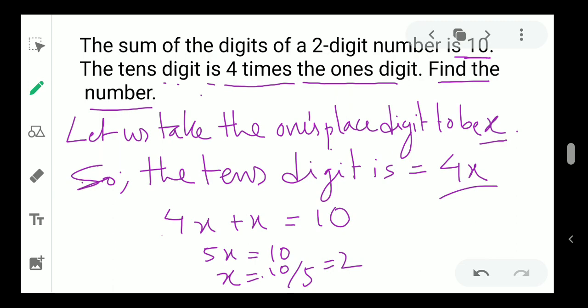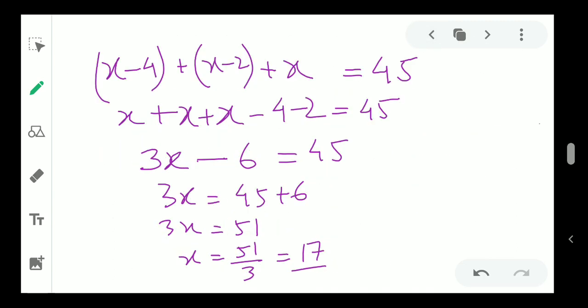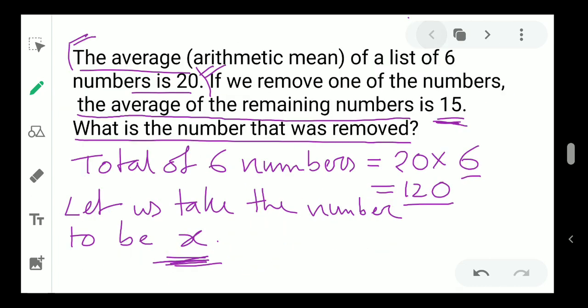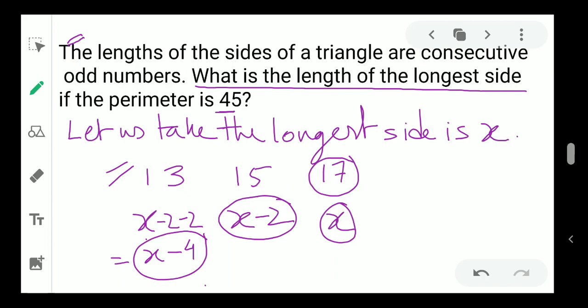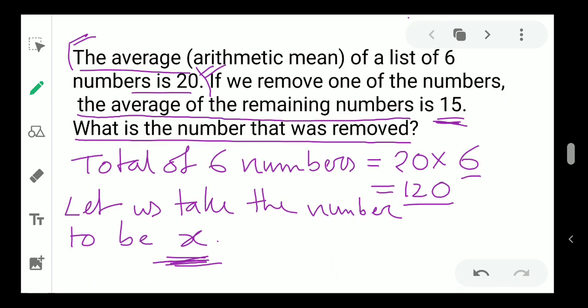In algebra we will have a vast variety of all the maths you have learned so far. See, digits are coming, averages are coming, perimeter is coming, that is geometry. So we are actually doing all kinds of questions via algebra.